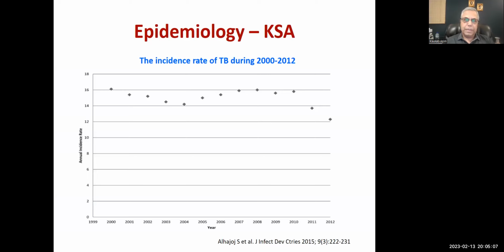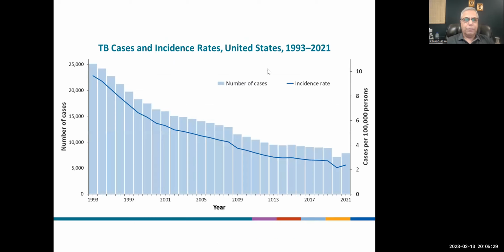And this is the epidemiology. I've taken this slide from Dr. Thamir's slide. And this is the annual incidence rate over here. It shows maybe 16 out of every 100,000. But that is the incidence rate of tuberculosis. It is from 2000 to 2012.